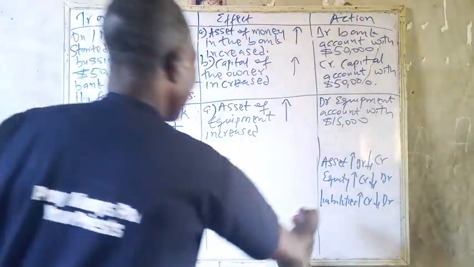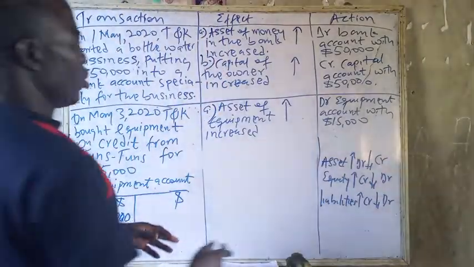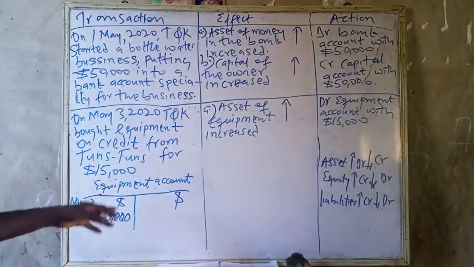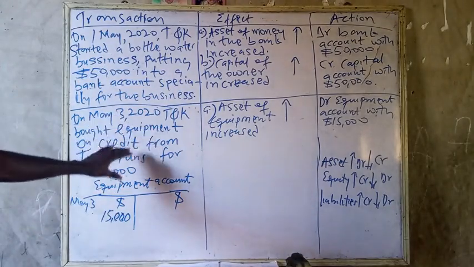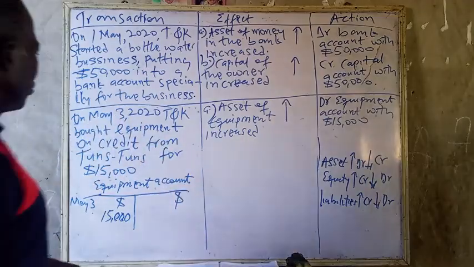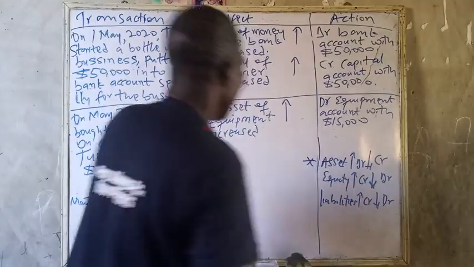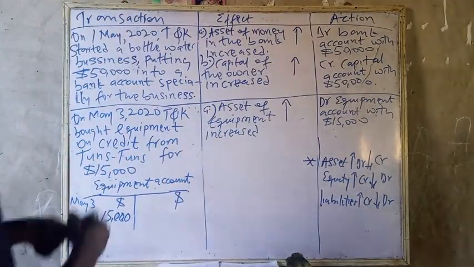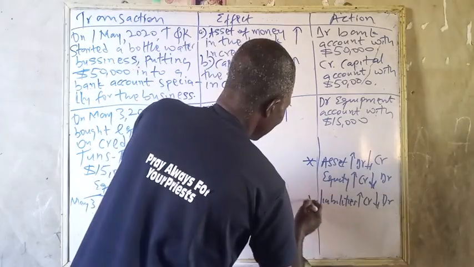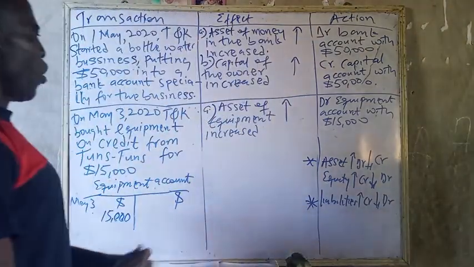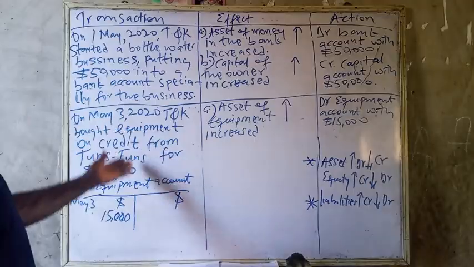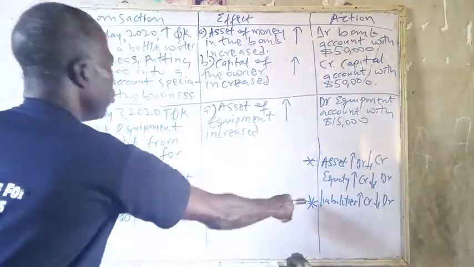Like I said, this transaction covers assets and liability. Why asset? Because equipment is an asset. Why liability?